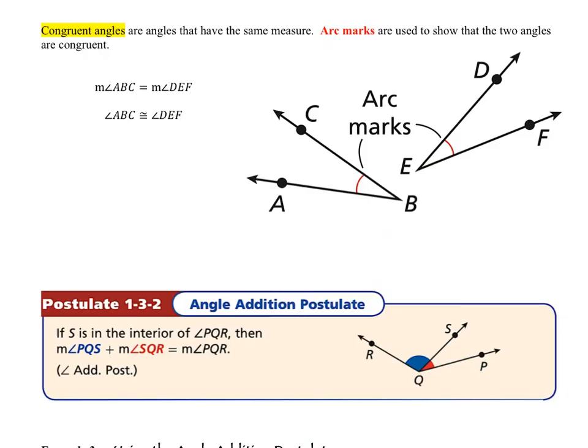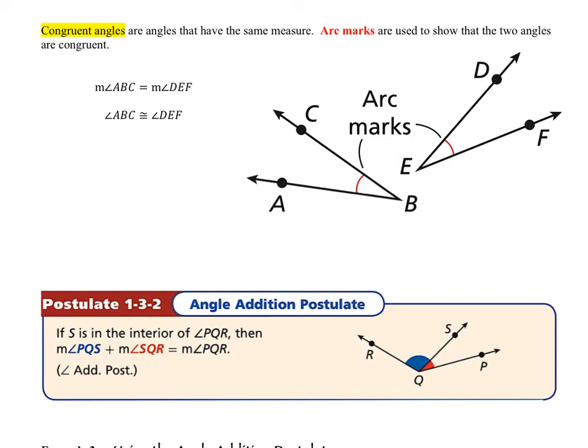Another term that we're going to be using all year is the term congruent. We can have congruent angles, congruent segments, congruent triangles. Congruent basically just means that things are the same size. In the case of angles, congruent angles have angles that measure the same measurement in degrees or whatever units we're using to measure.